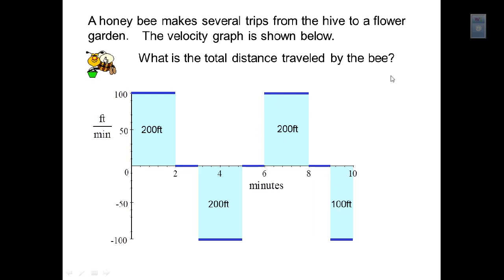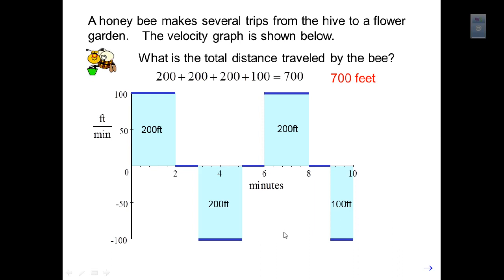So what's the total distance traveled by the bee? Well, 200 plus this 200 plus this 200 plus that 100 gives us 700 feet that the bee traveled. That's the total distance traveled. So that means essentially how many steps this bee took, regardless of what direction it was in.